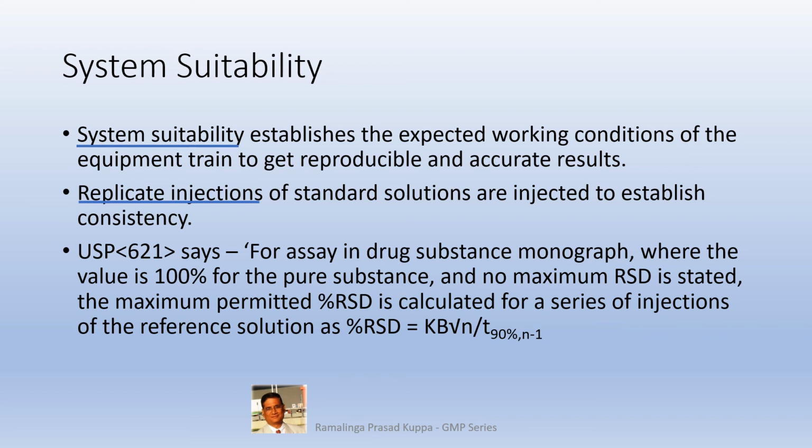This is an interesting calculation. The percent RSD requirement for number of injections are given in Table 1 of the chapter. Try to understand the RSD calculations. If you are not able to understand easily, I will try to explain in another video. But give me feedback on this calculation.